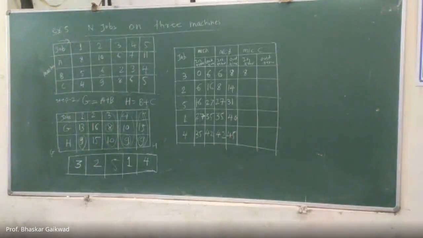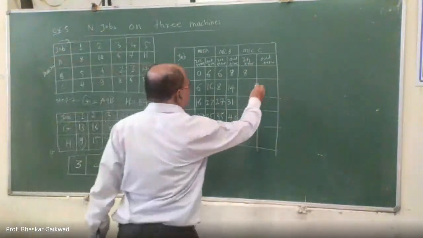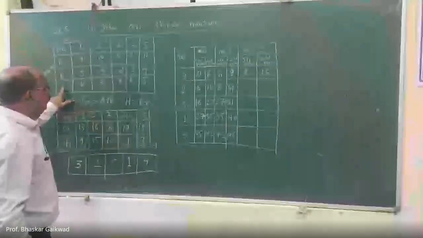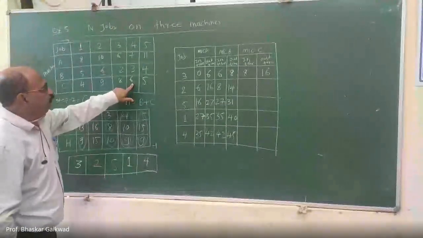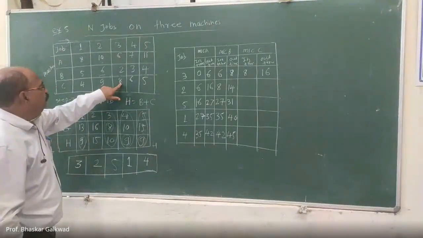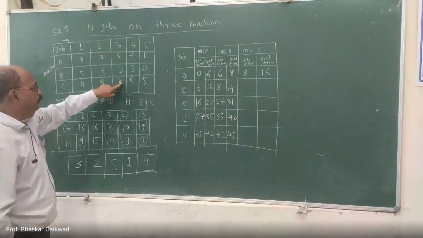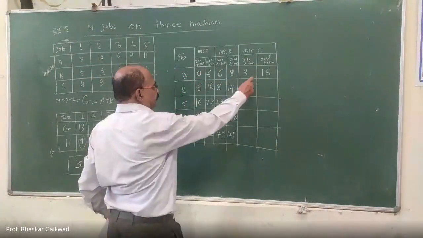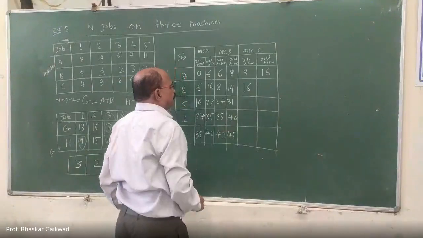So what is that? 16. So here it is 16. Why 16? Because on C, the in-time is 8 and the processing time for job number 3 is 8. So 8 plus 8, 16. Now this 16 you can take here.